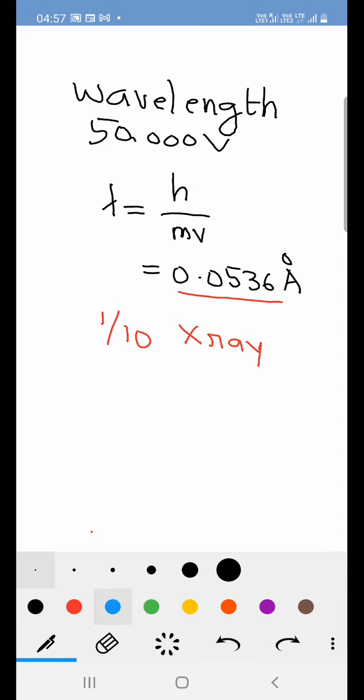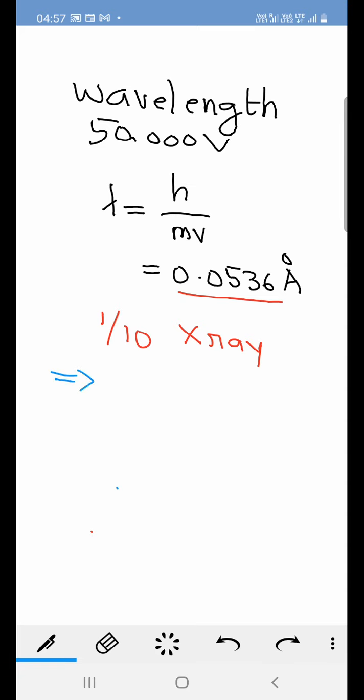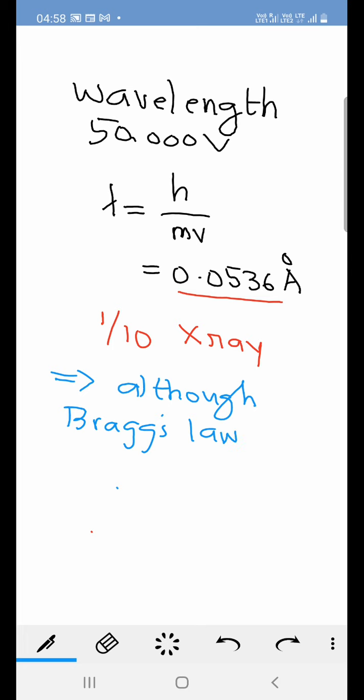So what we can imply from this observation is, although Bragg's law, that is 2d sin theta is equal to n lambda, although Bragg's law holds for electron diffraction as well, the diffraction angle is very much smaller than that in the case of X-rays.